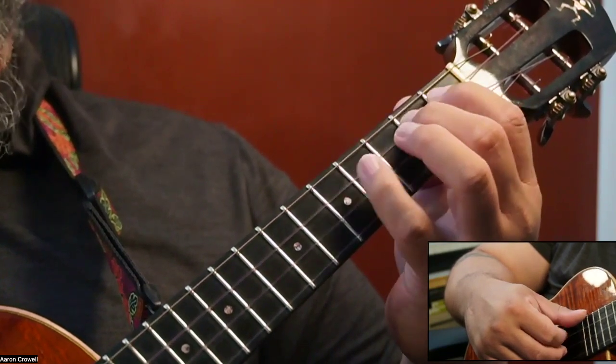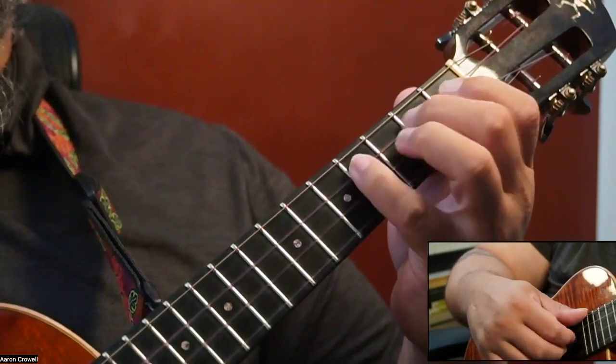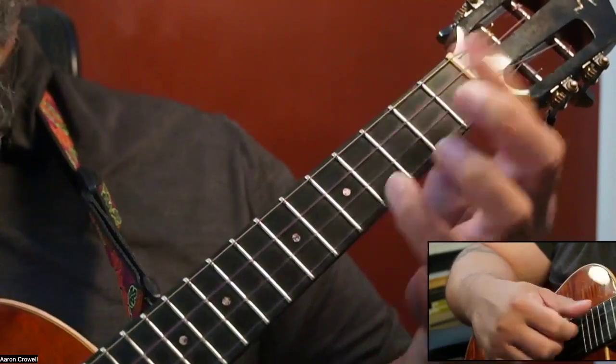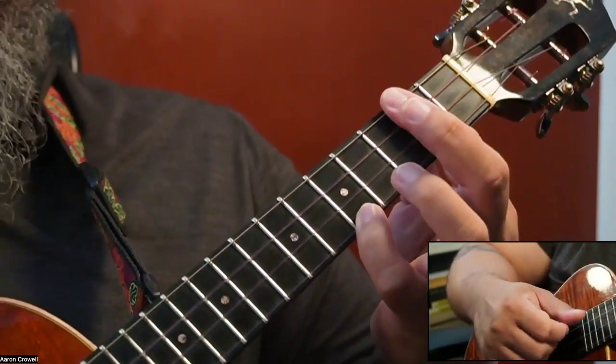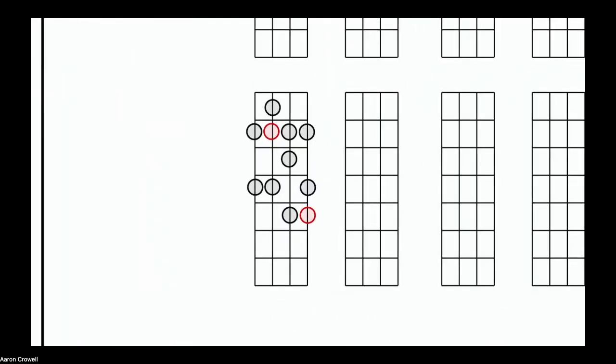That's my shape. It's the same shape, right? But now we're using this one because we have the convenience of having the 7 move down below the root, which we didn't have before on our open string, right?